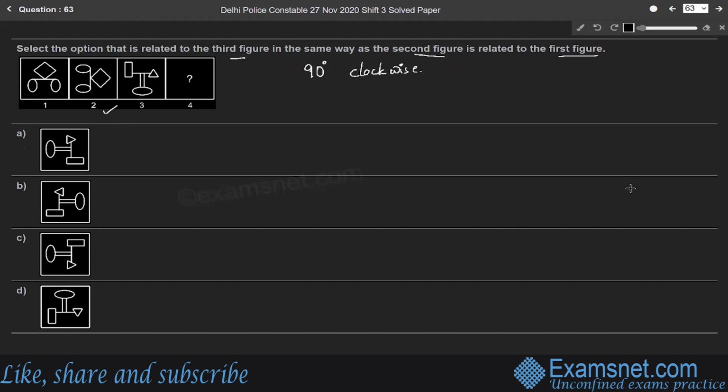Similarly, figure 3, when it is rotated through 90 degrees in clockwise direction, looks like an oval, and here two parallel lines and a vertical line like this, and a horizontal rectangle and a triangle like this. Therefore, option C is the right answer.